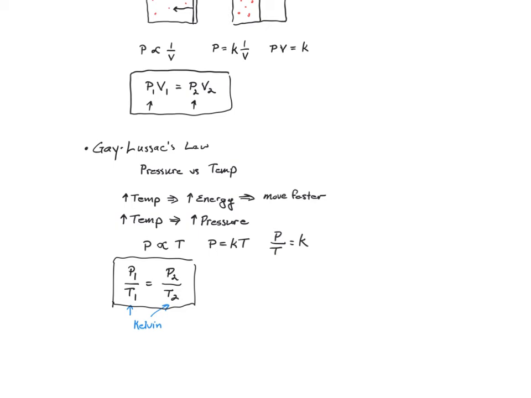And the assumption is that the temperature is constant. Okay, and we're also assuming that no particles of the gas are being allowed to escape or no new ones are being introduced. So we can say the number of moles is also constant.